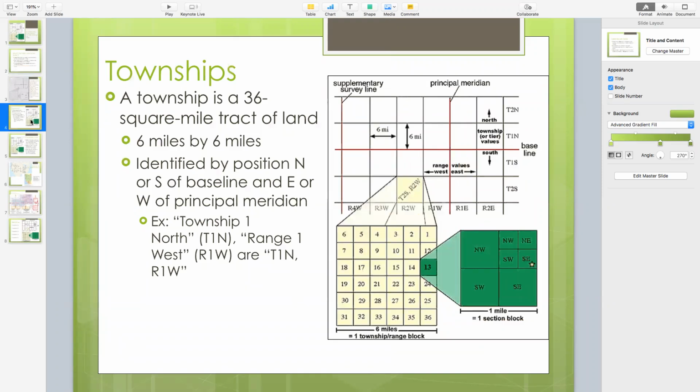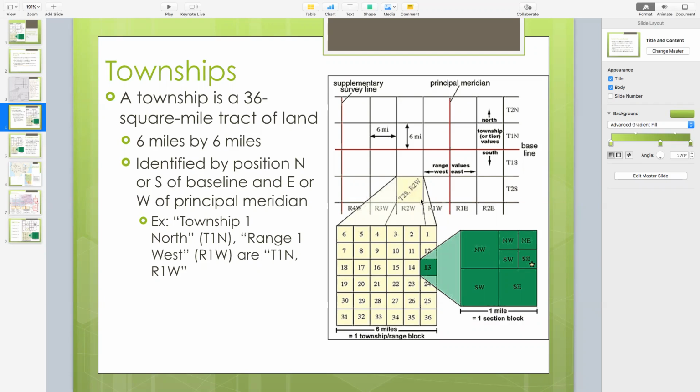So the term township really has two meanings. A township can refer to these tracts of land that comprise 6 miles by 6 miles. So this is a township, and it's identified by its position either north or south of the baseline and either east or west of a principal meridian.